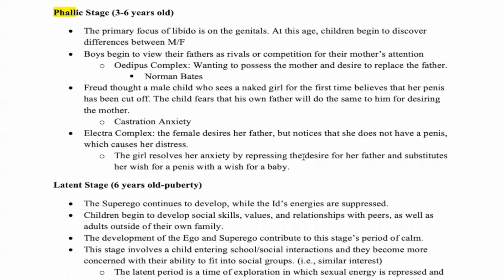So within this, and why I'm saying they're feeling themselves is because the primary focus of libido or sexual energy is on the genitals, not in a sexual intercourse manner, but they're starting to notice that they have genitalia. So at this age, children begin to discover the differences between male and female. So boys begin to view their fathers as rivals or competition for their mother's attention.